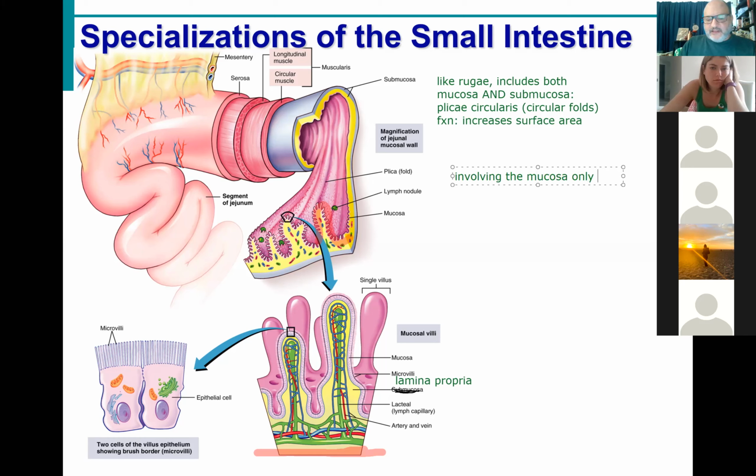Kind of like the gastric glands. However, remember gastric glands were folds into the mucosa. In this case, we have finger-like extensions of the mucosa that stick out.